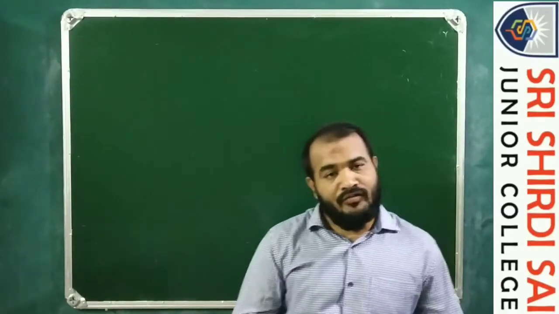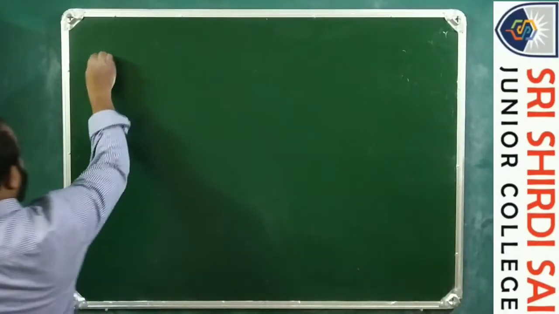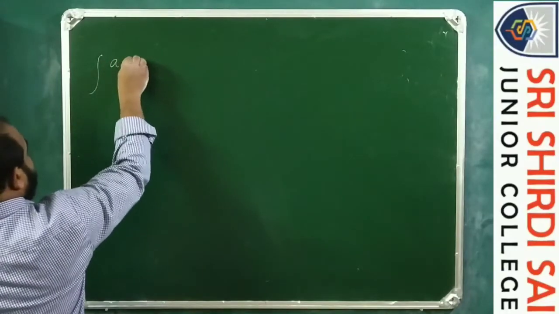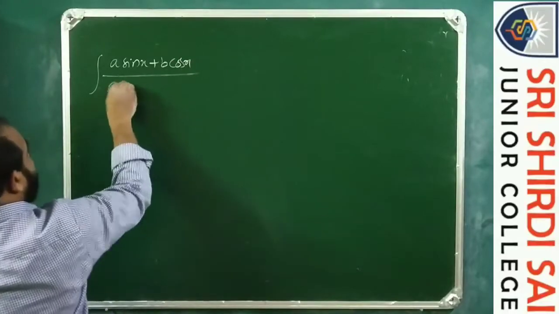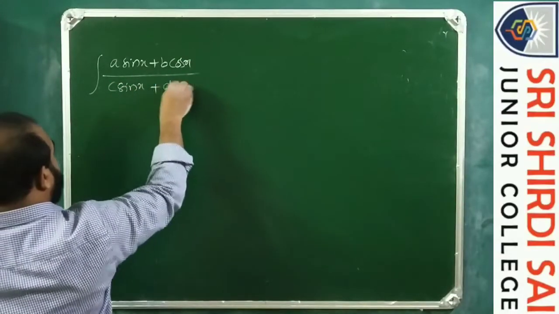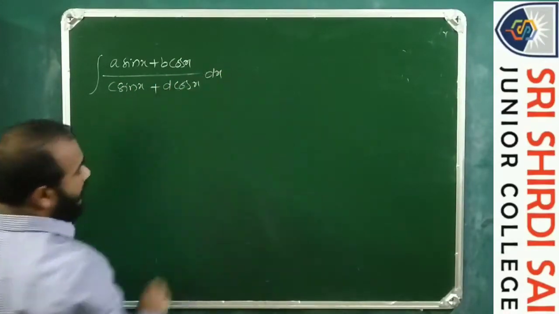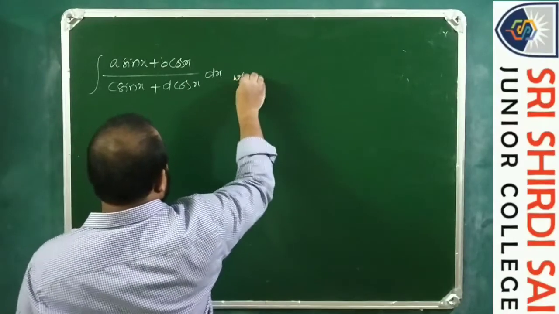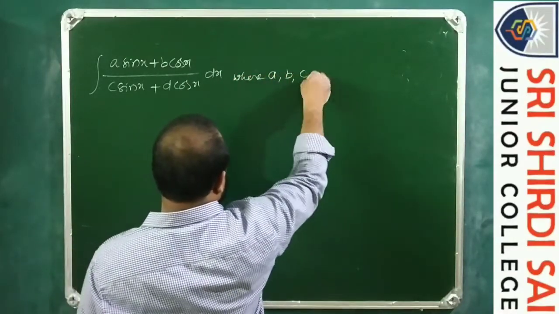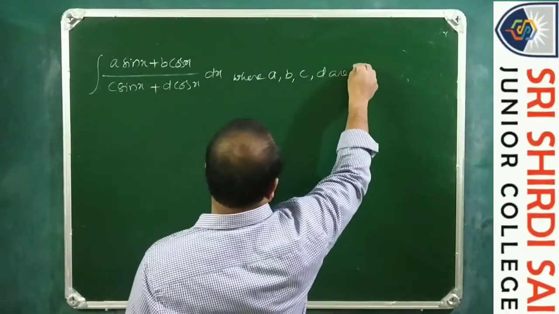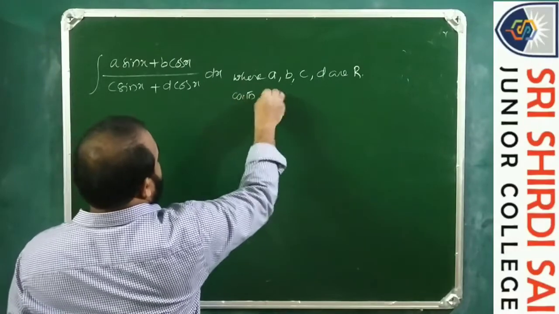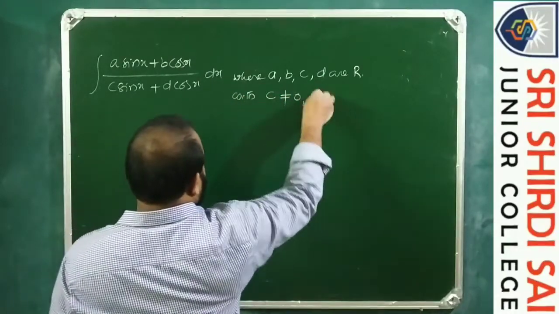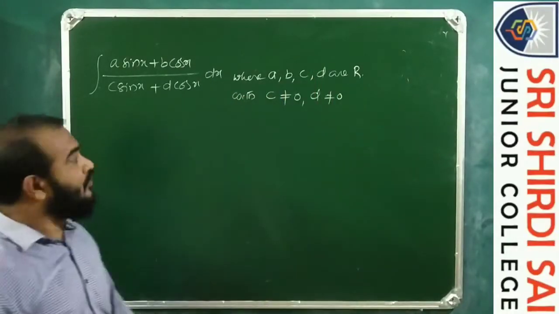Let us evaluate the integral which is of the form integral a sin x plus b cos x by c sin x plus d cos x dx, where a, b, c, d are real numbers with c not equal to 0 and d not equal to 0.